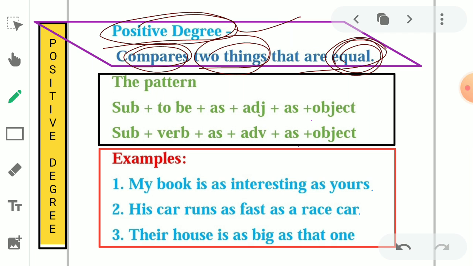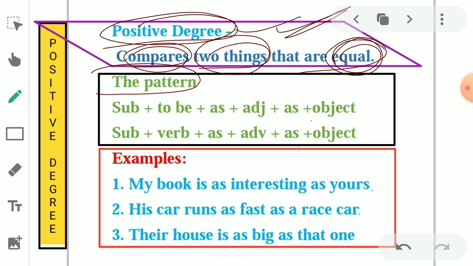So it may be that one thing is compared with another one. Got it? Two things in the sense one thing is compared with another thing, but when these two things are equal, in that case we can compare in positive degree.